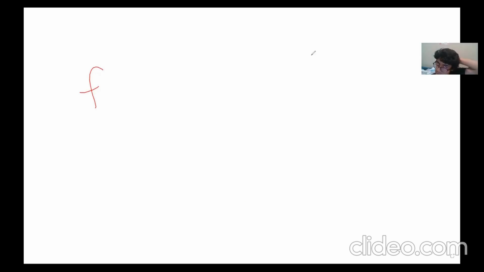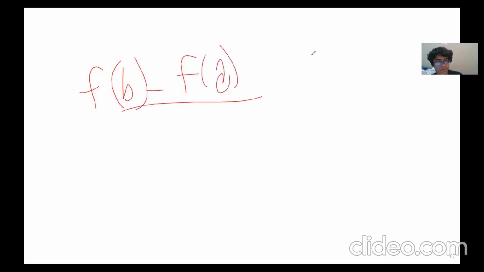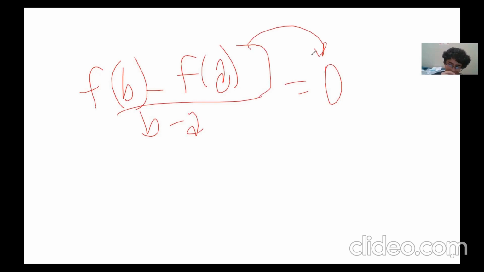That if f of b minus f of a over b minus a is actually 0, and if you know something's 0, the numerator is what you're setting equal to 0, because if the denominator equals 0, it's undefined. So this is another idea that comes up constantly in calculus. The numerator is equal to 0 if the whole thing is 0.